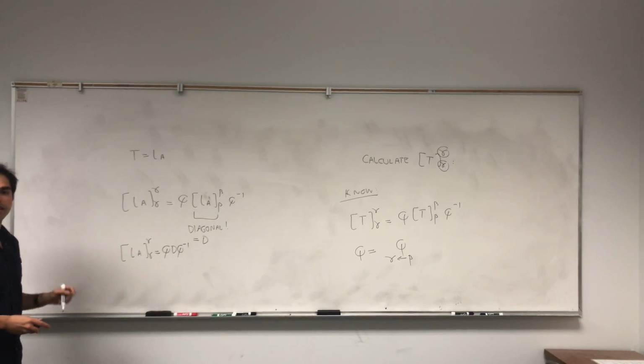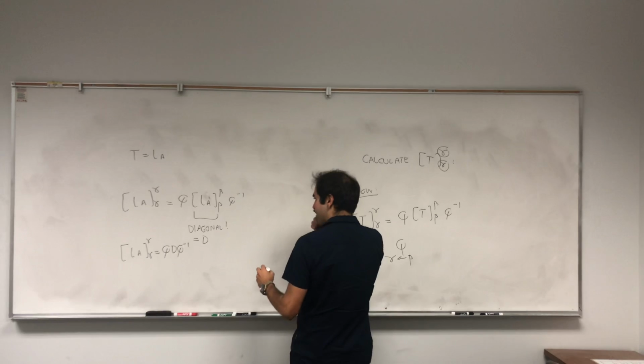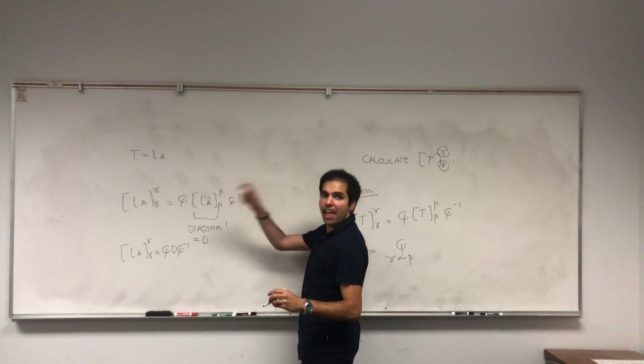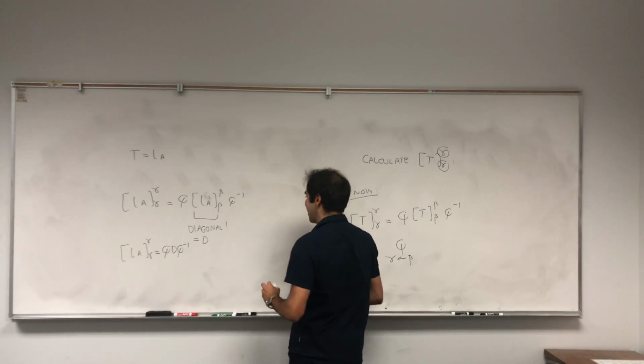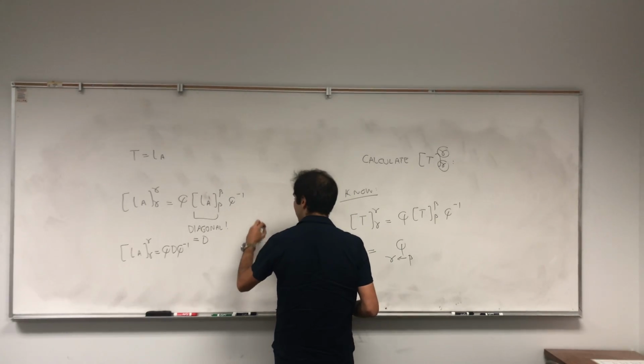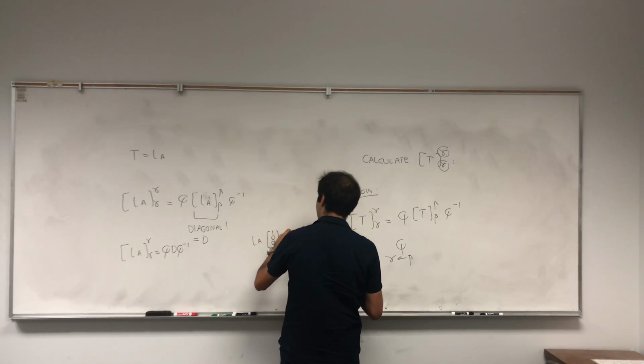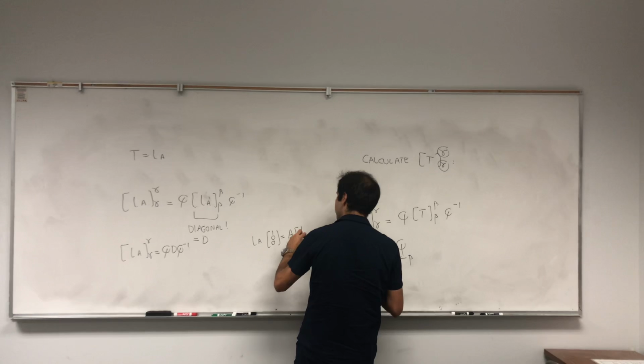And last but not least, what is [L_A]_γγ? Well, to figure that out, just evaluate L_A at each of the standard basis vectors. But remember, what is L_A of (1, 0, 0)? That is A times (1, 0, 0).